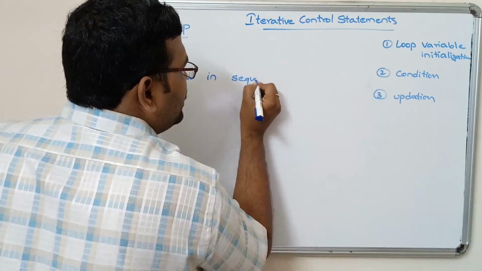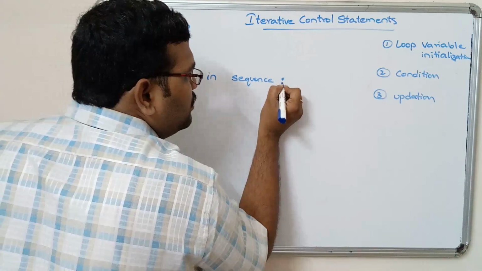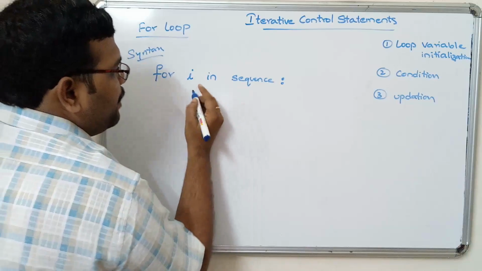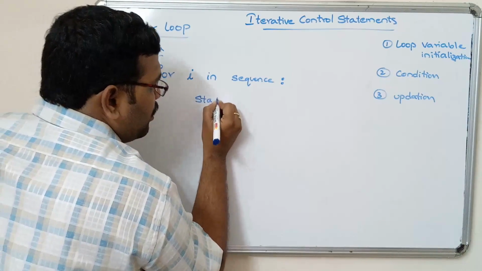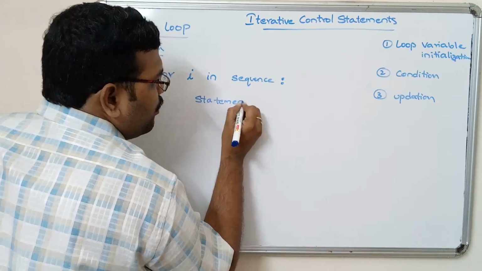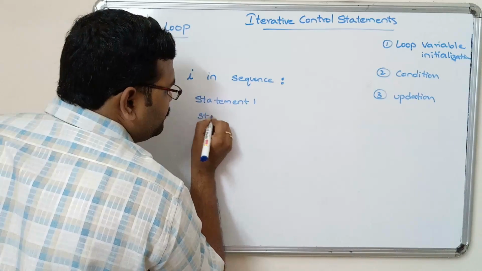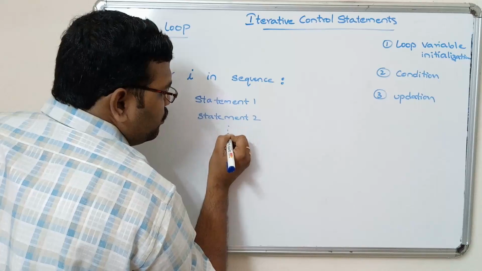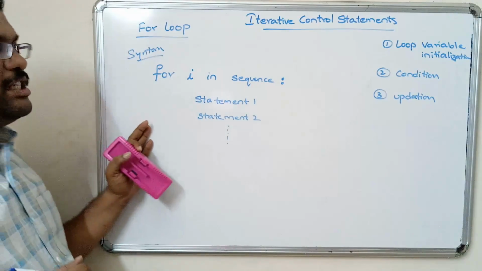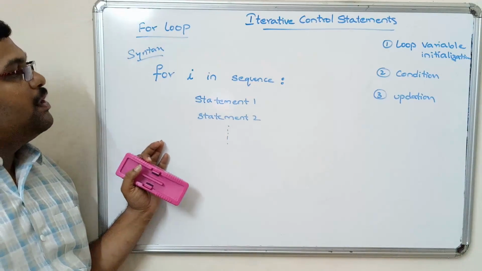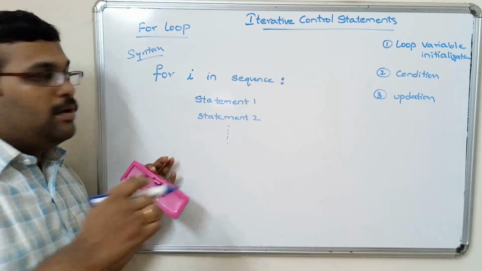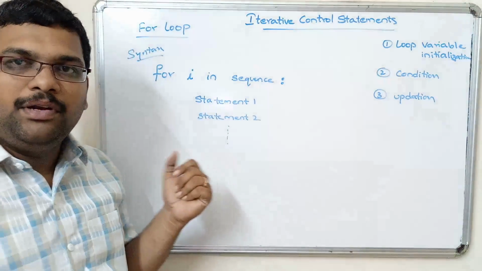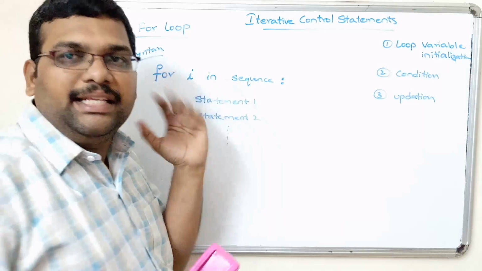For I in sequence colon, automatically the indentation will be applied. Statement 1, statement 2 and so on. So this is a simple syntax for the for loop. Now let us see an example by using sequence as a range.